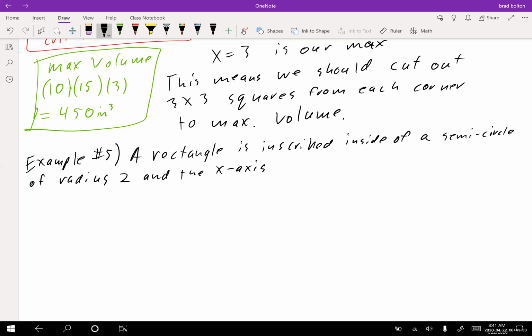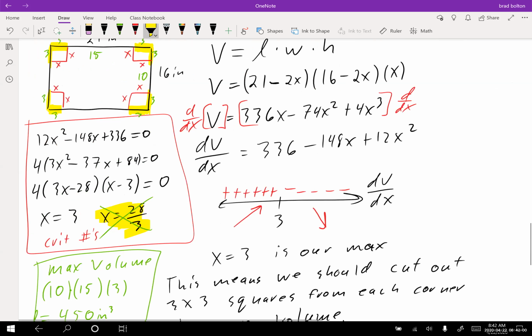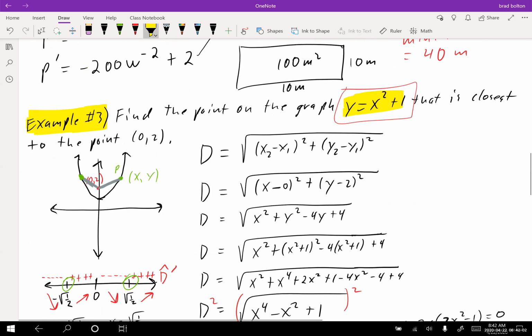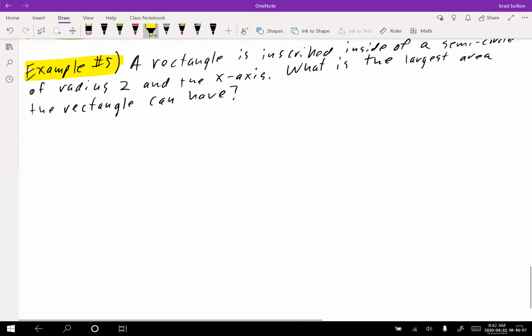Okay. What is the largest area the rectangle can have? Okay, so this is a classic problem. Example 5 now. Okay, so now we're on example 5. This is another good one.